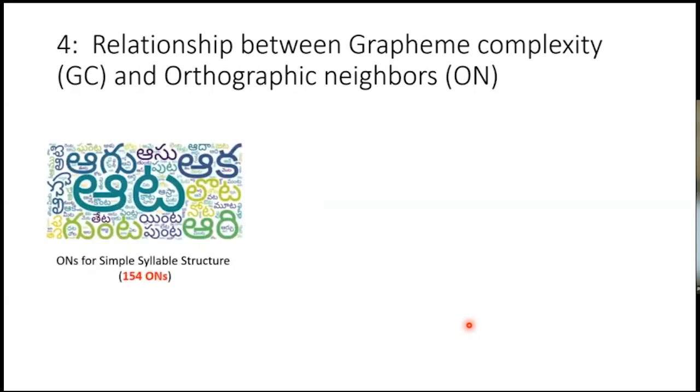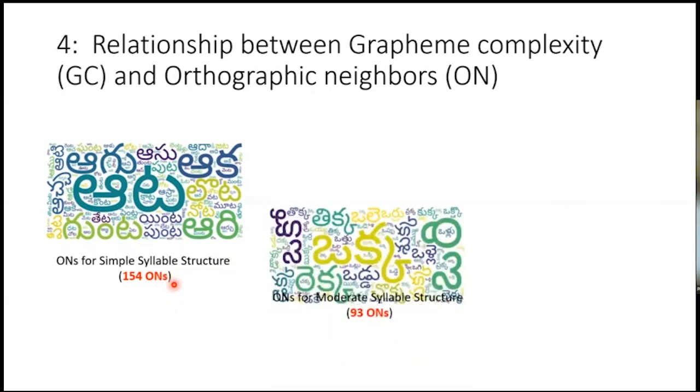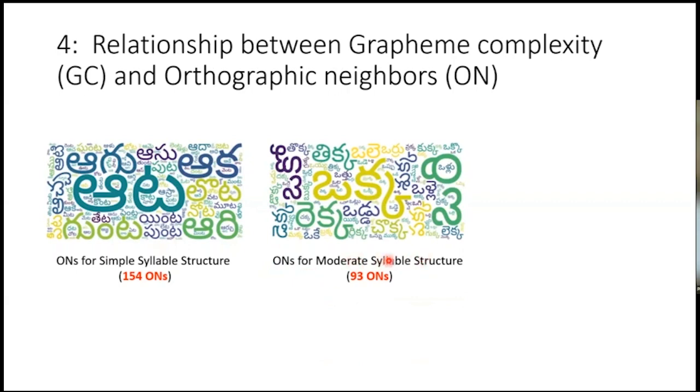So what we observe is that for a simple syllable structure, ATA, which is play in English, it has 154 orthographic neighbors, whereas when the syllable structure is moderately different, this is a moderate syllable structure. This is the target word, Okka, that you have seen in the previous slide.